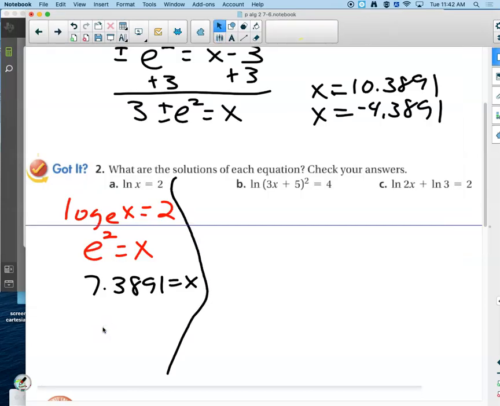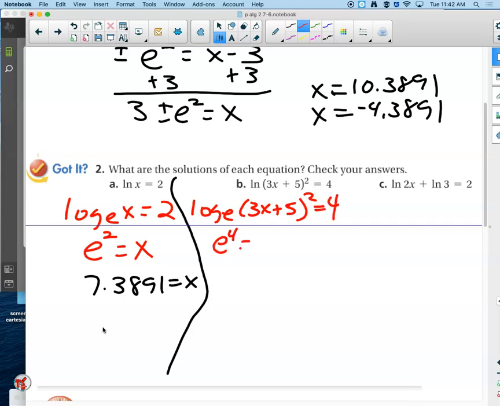Alrighty. B has a little bit more meat to it. What should we do first? Snail shell, but I need a base. So this one's really similar to the first example I did up there.